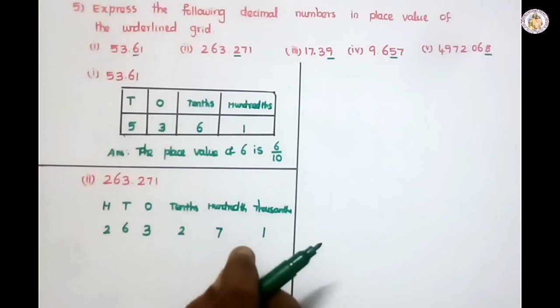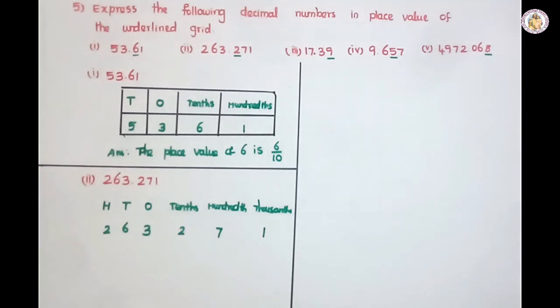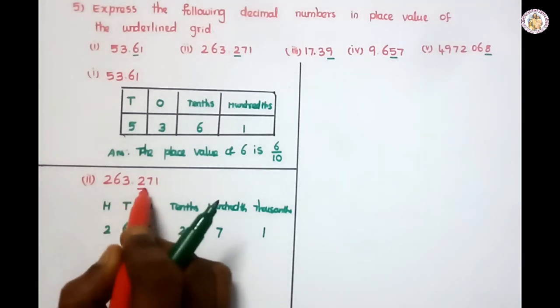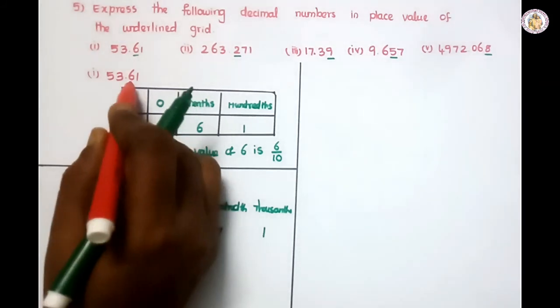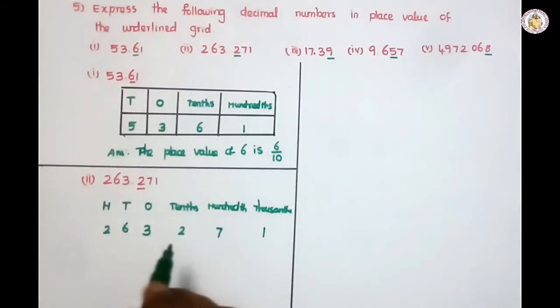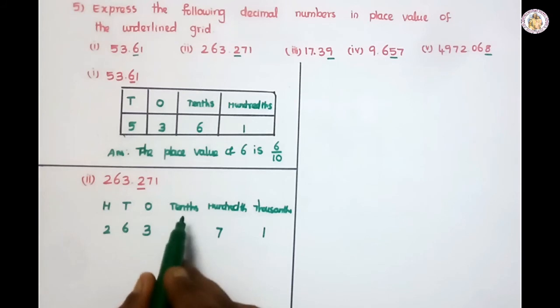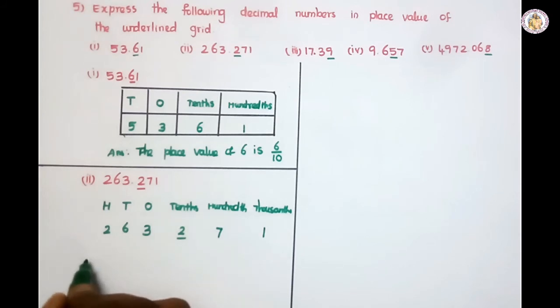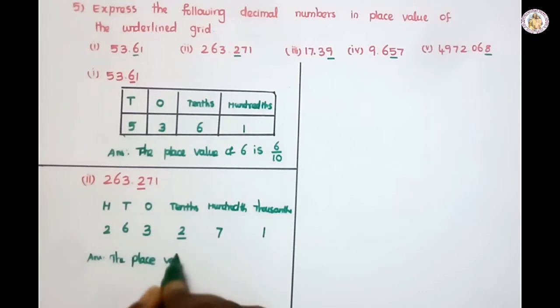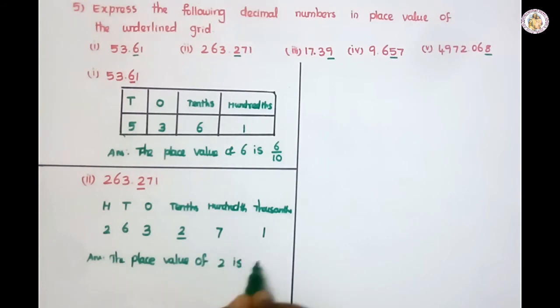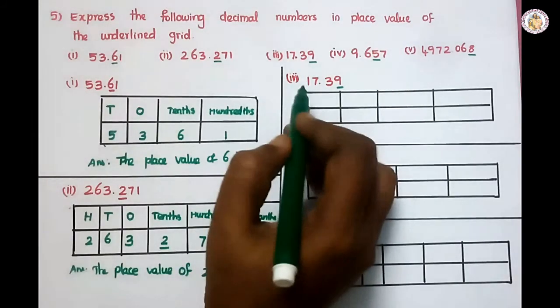What is the underlined digit here? That is 2. So 2 is in the 10th place. So the answer, the place value of 2 is 2 by 10. That is the answer.